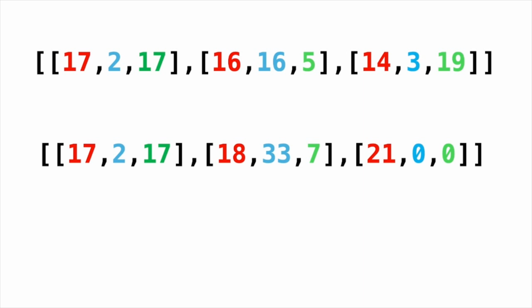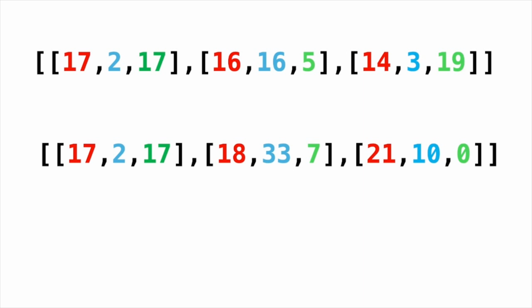Similarly, if you like to paint the third house with blue color, it is 3 plus min of red and green. Min of 18 and 7 is 7. So the cost is 3 plus 7, which is 10. The cost of painting the third house with green color is 19 plus min of 18 and 33.